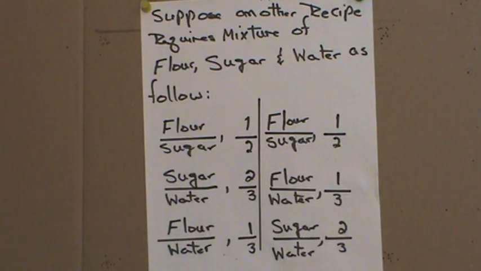Now the guy goes and mixes up 1 bucket of flour to 2 buckets of sugar, let's say his bucket is using, and then he adds to that 2 buckets of sugar to 3 buckets of water, and then he adds to that one bucket of flour to 3 buckets of water, and brings it to the chef.